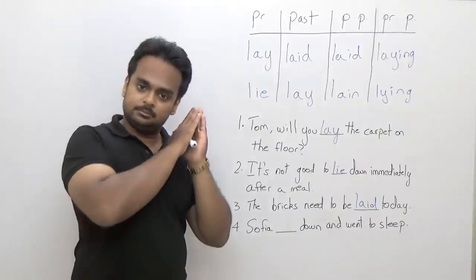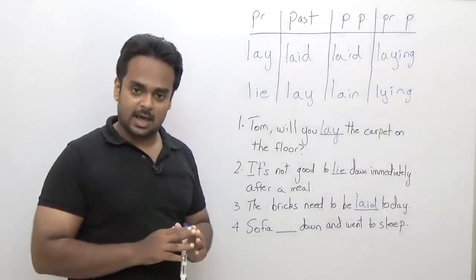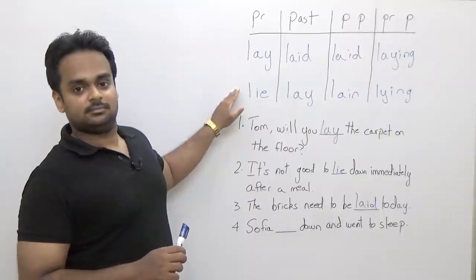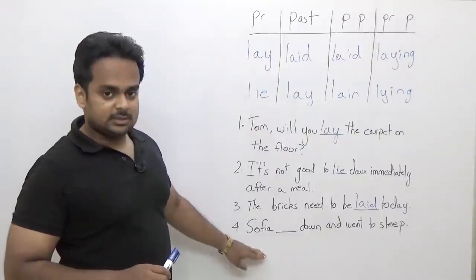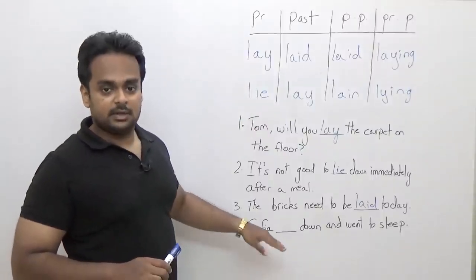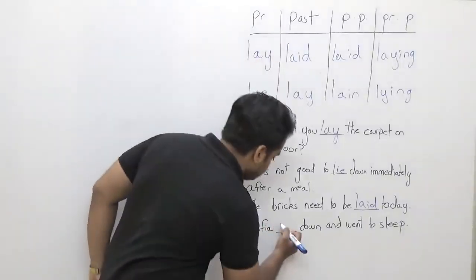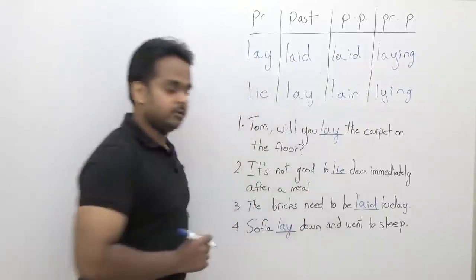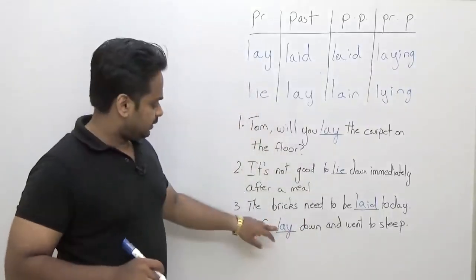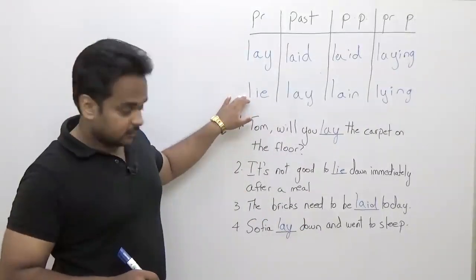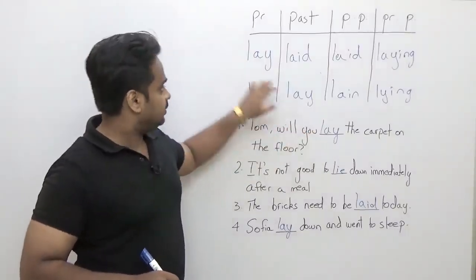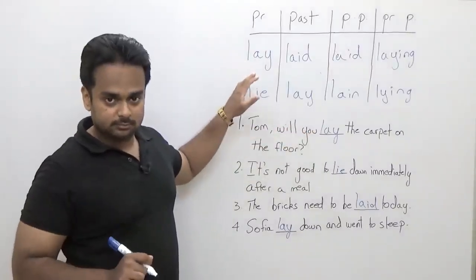So Sophia, lay or lie? What tense is the sentence in? Well, it's in the past tense. So Sophia lay down and went to sleep. And remember, this lay is the past tense of lie, and this lay means to put something down.